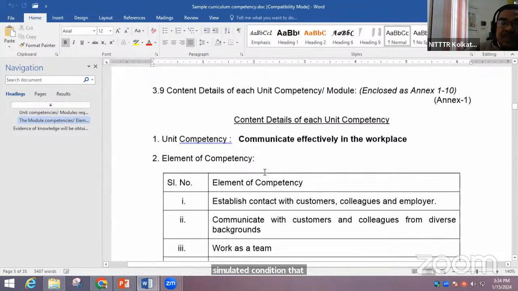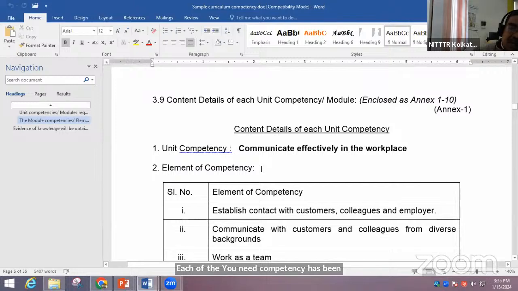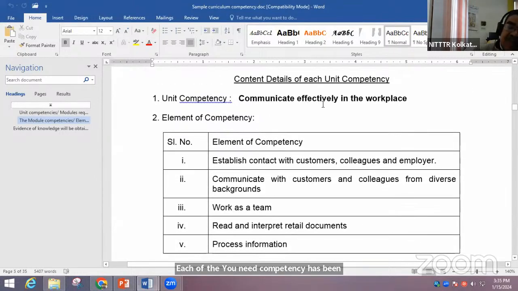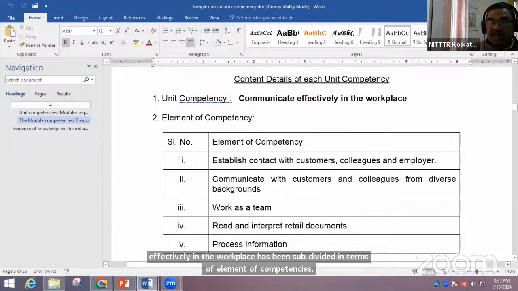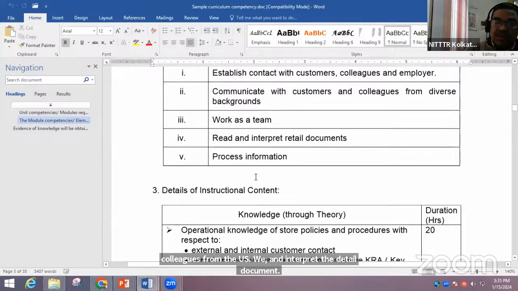Similarly, each unit of competency has been subdivided into elements of competency. For example, communicate effectively in the workplace has been subdivided into elements of competency: establish contact with the customer, colleagues, and employers; communicate with customers and colleagues from diverse backgrounds; work as a team; and interpret detailed documents and process information.